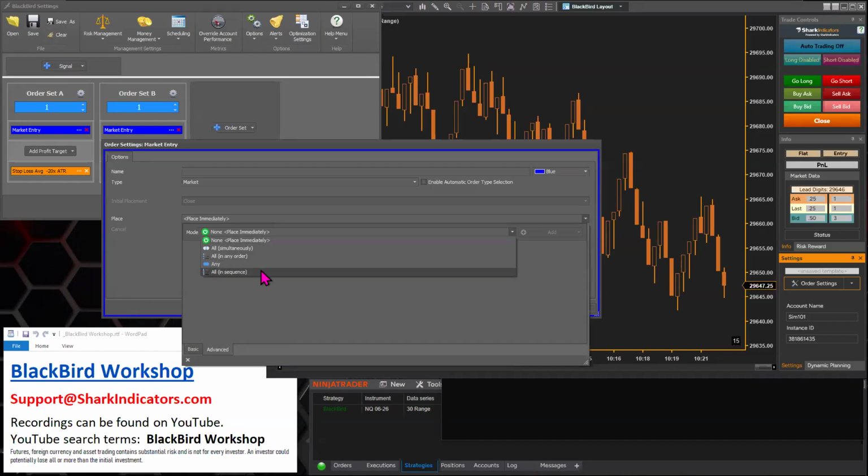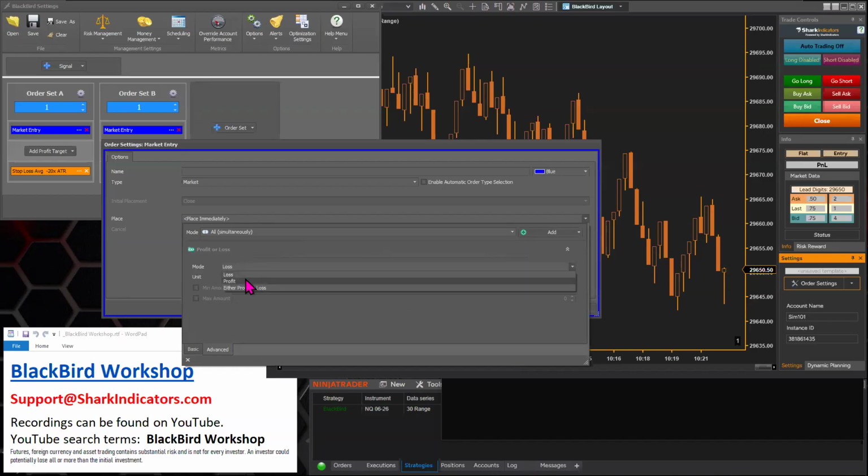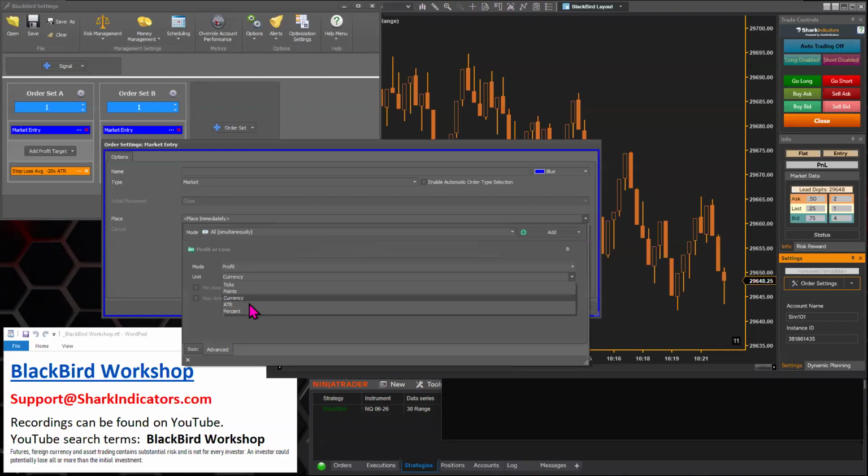Well, I guess we'll start with the mode here. We'll use all simultaneously. And then let's add the profit or loss trigger. So set up the profit or loss to whatever you want there.